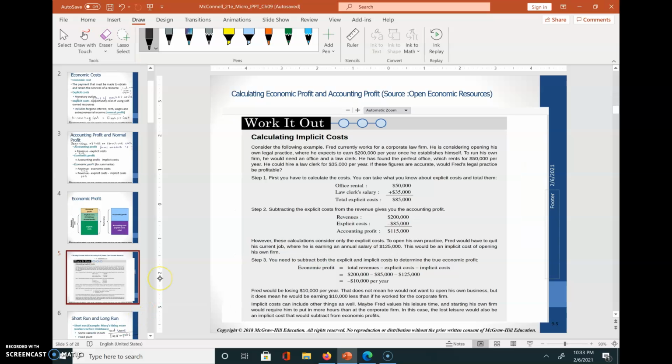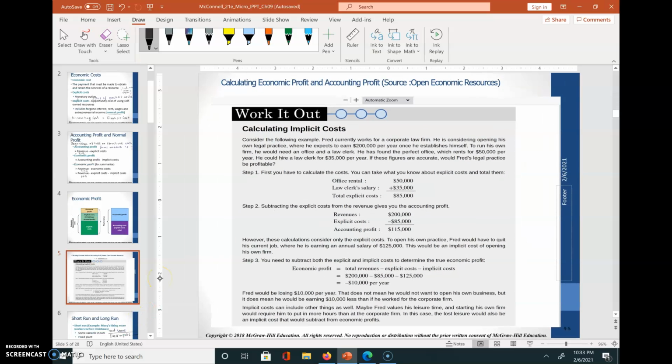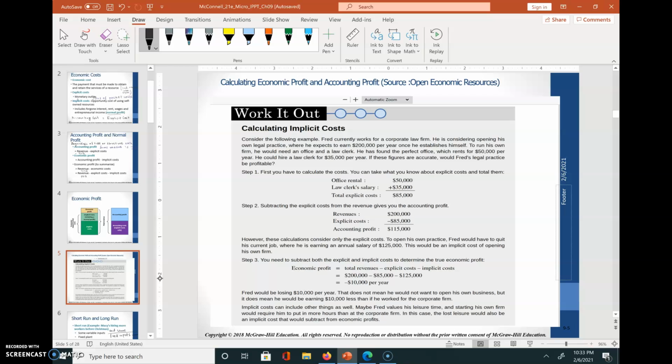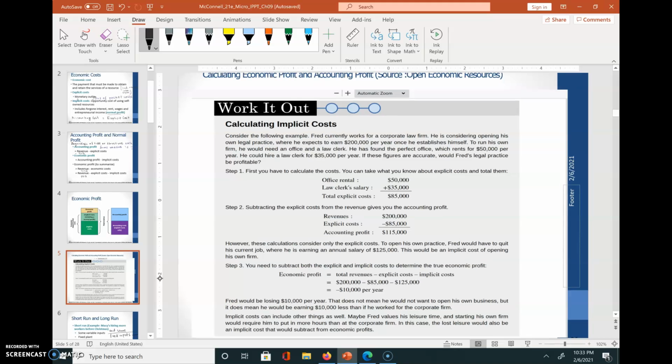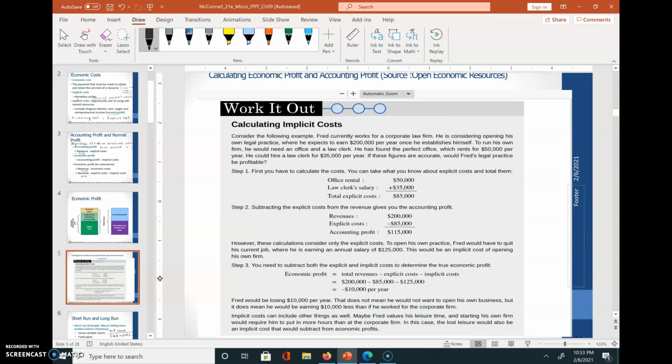Now I'm going to look at an example here. It says calculating implicit cost, explicit cost, economic and accounting profit. And the source is from Open Economic Resources. Let's look at the following example. It says Fred currently works for a corporate law firm.